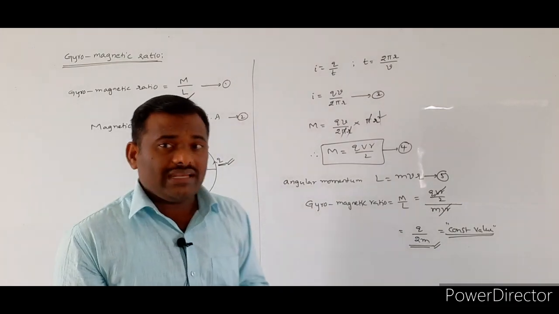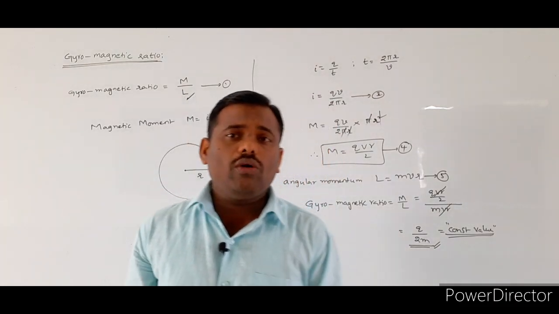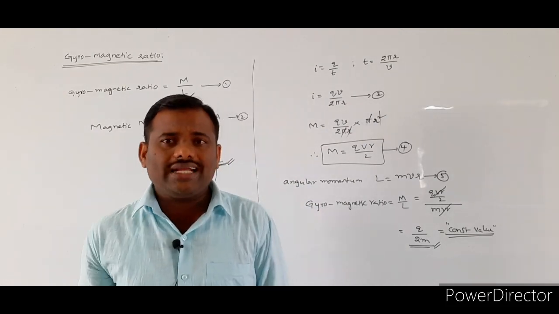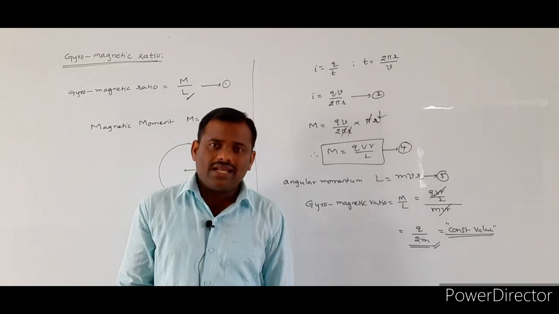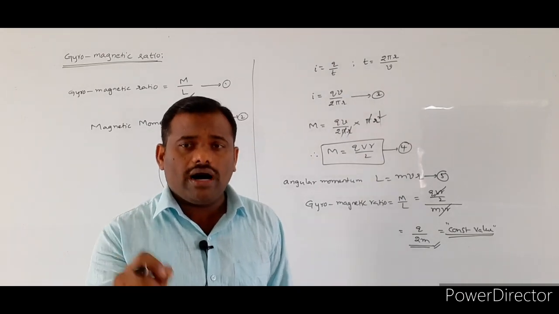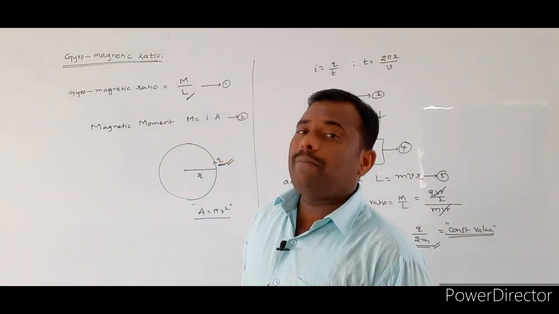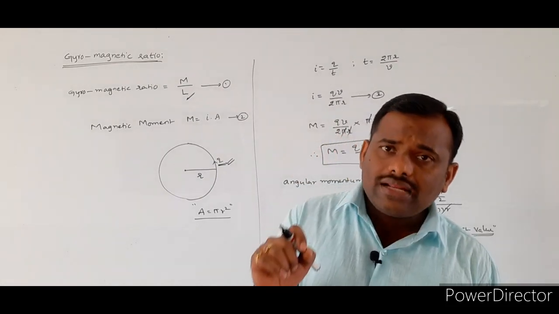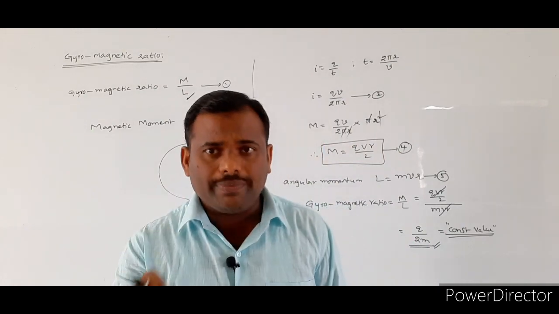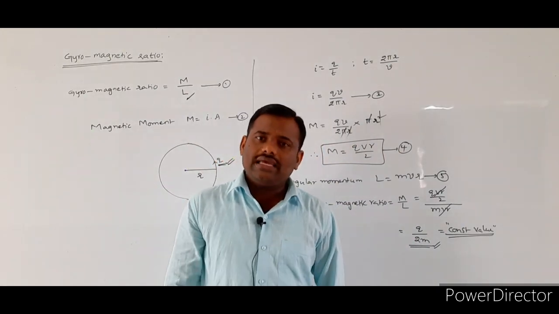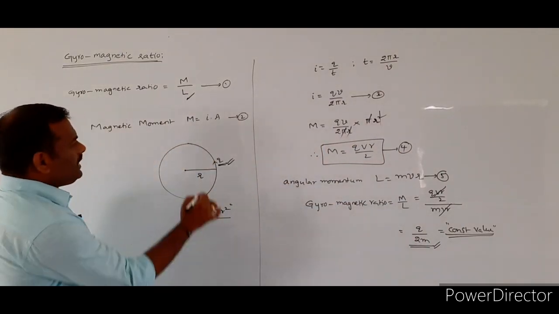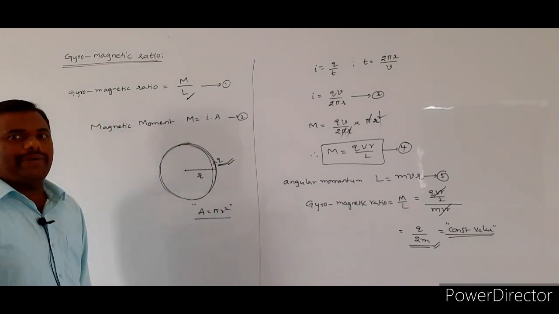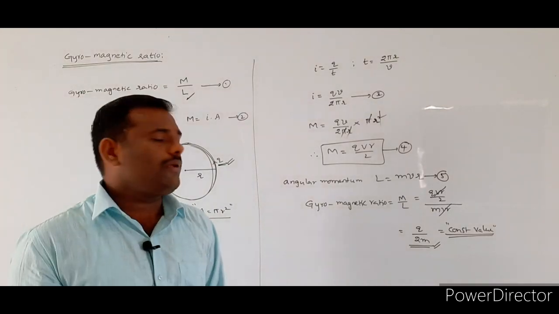Once again, how can we define the gyromagnetic ratio? In its name only ratio was there, so that it is nothing but the ratio of magnetic moment to the angular momentum of a given charged particle, which is revolving in the circular path.